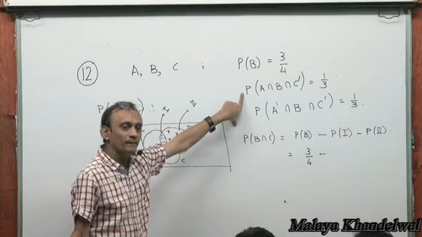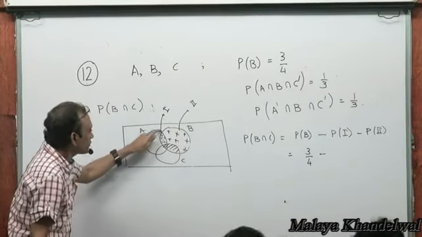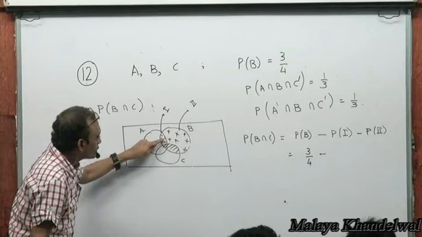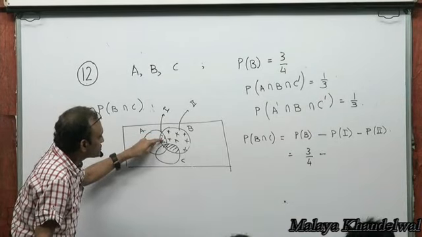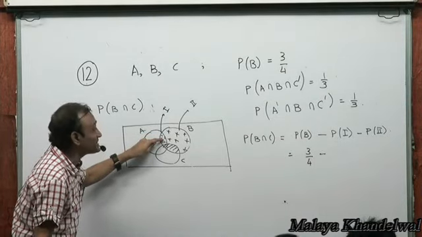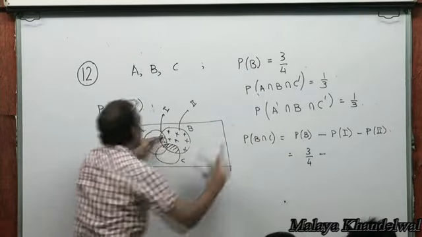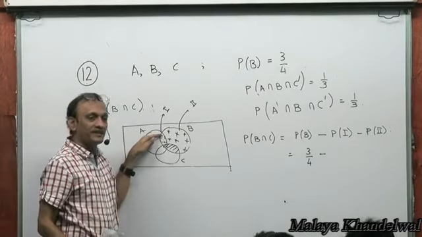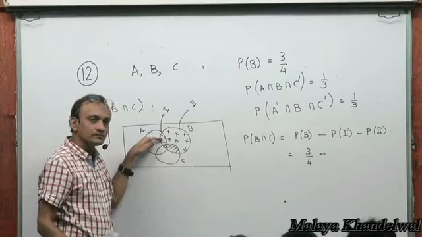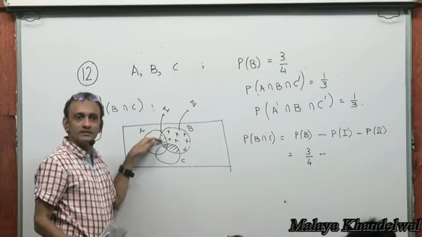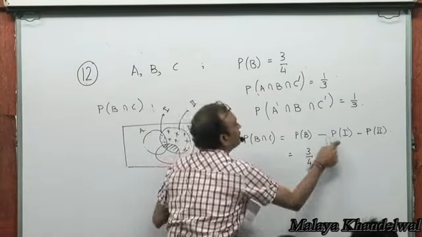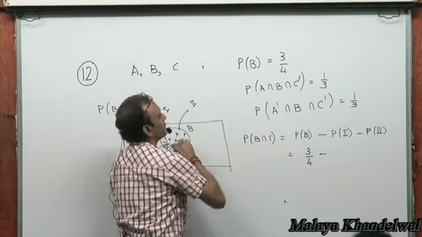Yes or no? I'll repeat. This region 1 is what? Dotted region is the region common between A and B, which does not include C. Isn't it? That's region 1. Are you all okay with this? That means P1 is this actually.